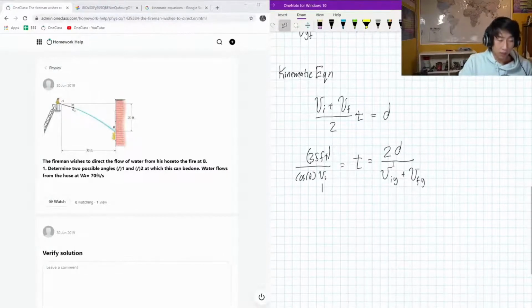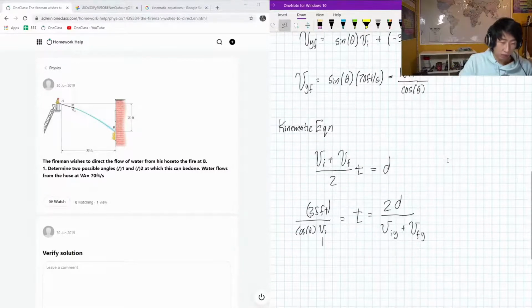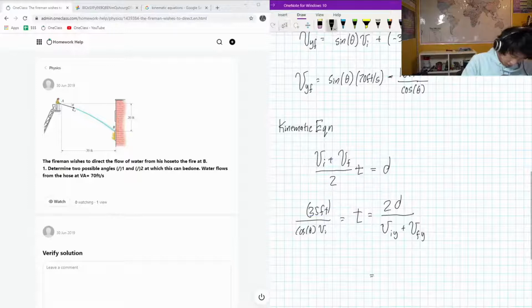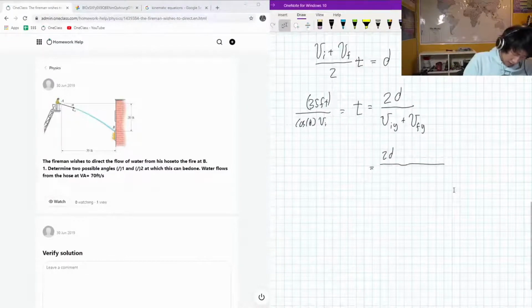Expanding these out a little bit more, we can sub in our initial y and our final y velocities. Our initial y is just going to be sine times initial velocity.